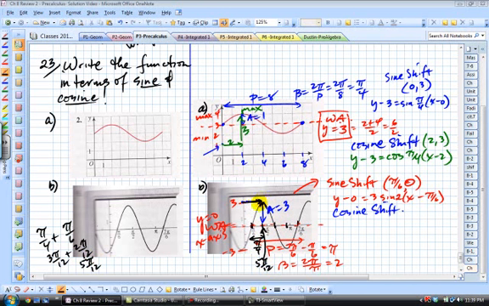To get from here to here, I've got to go over 5/12 of a pi. So my cosine shift is 5 pi 12 comma 0. So I get y minus 0 equals the amplitude 3 times cosine of b, which is 2, times x minus 5/12 pi. There we go.